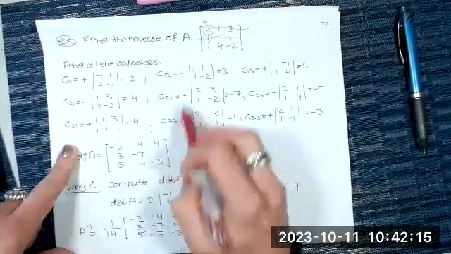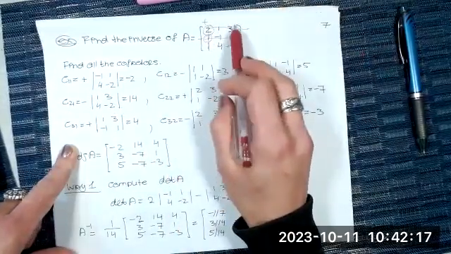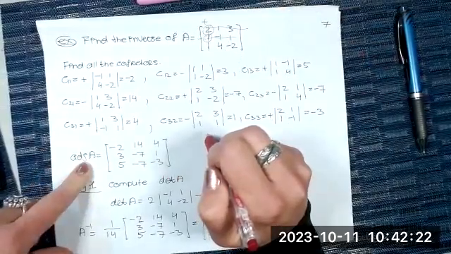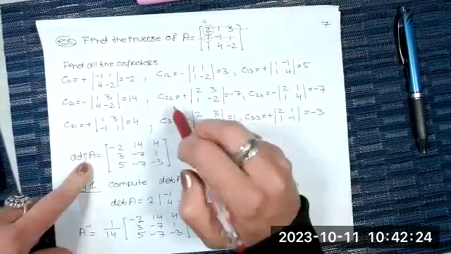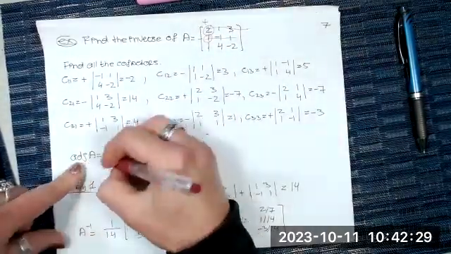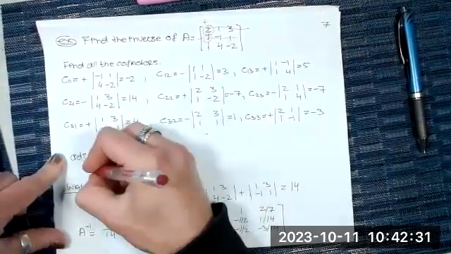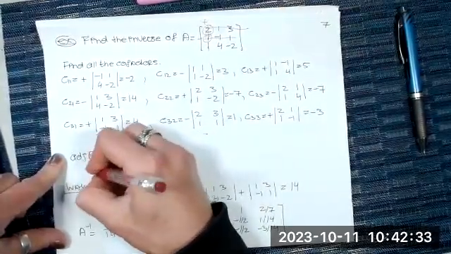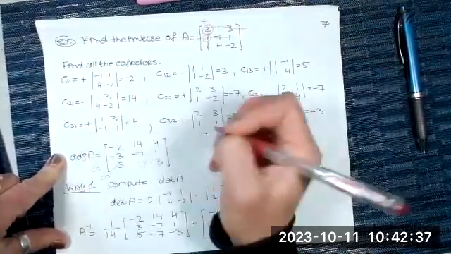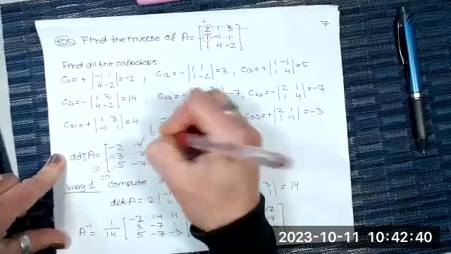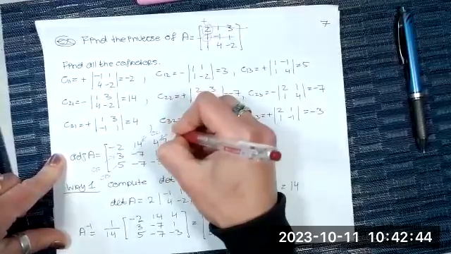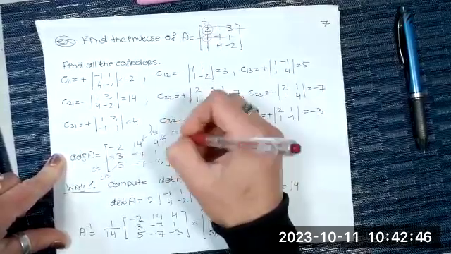So you compute cofactors of all entries in matrix A, and then you put them into your formula for the adjoint, except you have to remember that it is going to be a transpose. So this 3 is going to be my C12, not C21, and this is my C13. This 14 is my C21, and this is my C31.